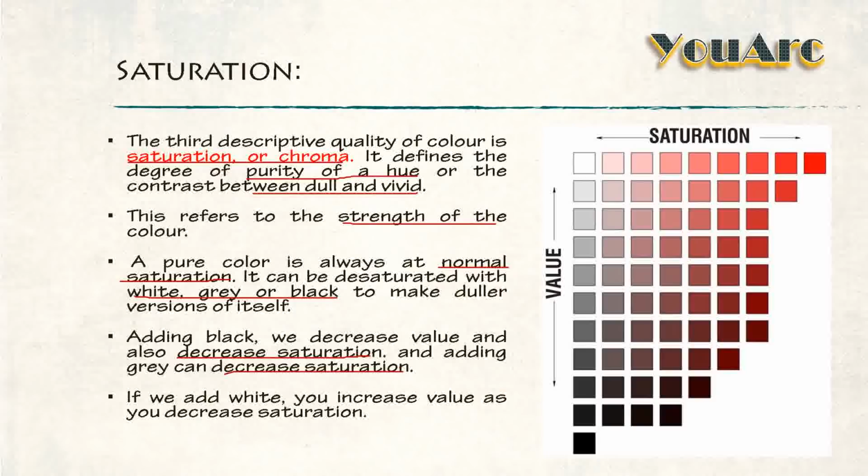If you add white, what we saw in value was, the value of that particular color goes up. It was 10 for white, right, in value. But here what happens is, if you add white to any hue, you decrease the saturation. So here saturation will be on normal scale if it is pure color. If you add anything, then you are desaturating the color.